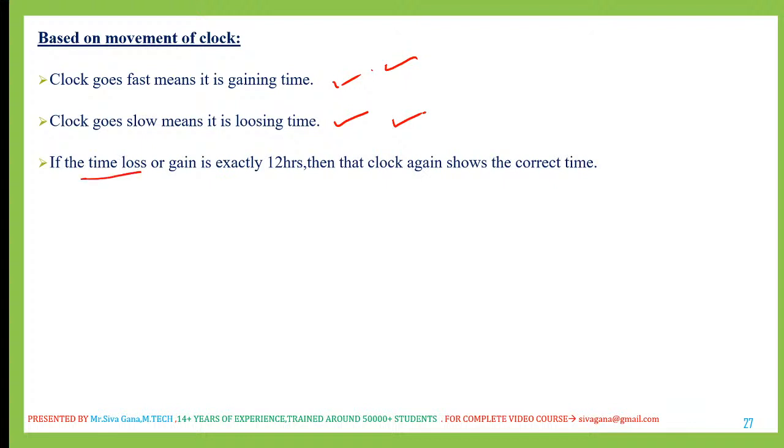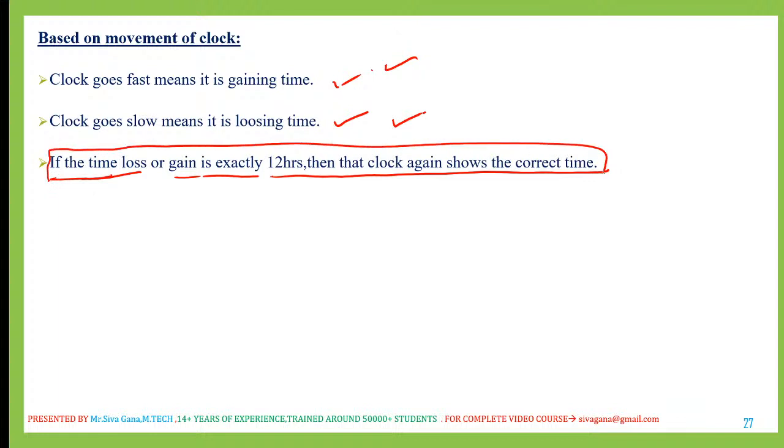If the time loss or time gain is 12 hours, then the clock again shows correct time. Very, very important point. If time loss is 12 hours, the clock again shows correct time.